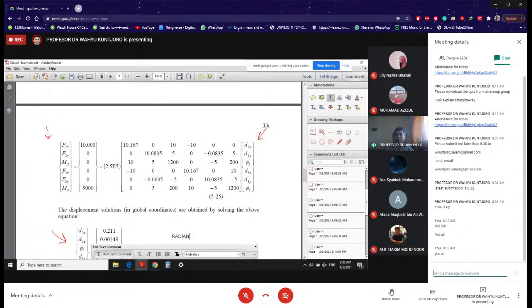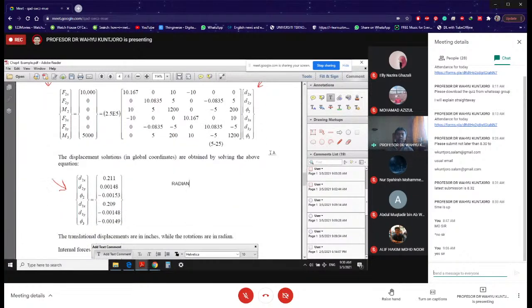And then, of course, you already have all your displacements. You can calculate the reactions, all right? You can calculate the reactions at node number 1 and at node number 4, as what you have done before for the truss and bar.